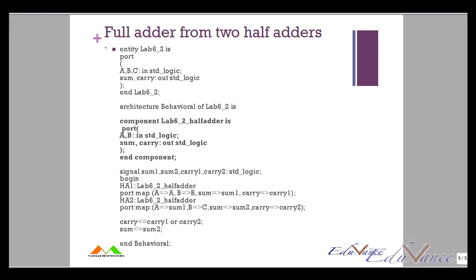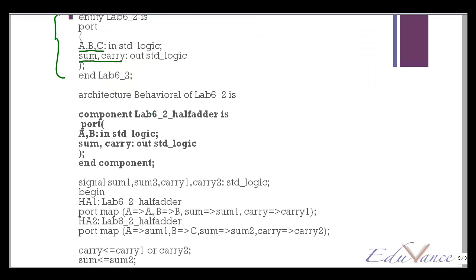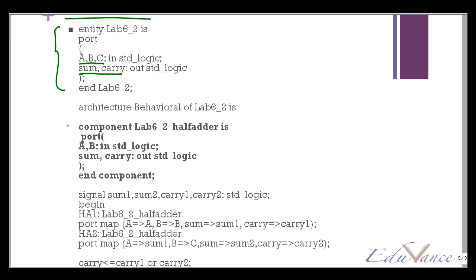First, I would specify the entity of my full adder, which has inputs A, B and C and has outputs sum and carry. Now what we will look at is, I will specify the lab6_2 half adder, call it as a component, specify its ports.